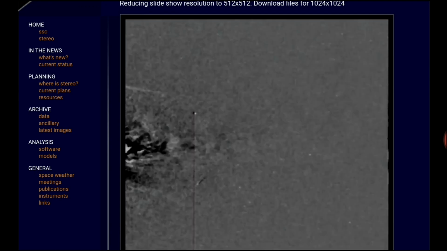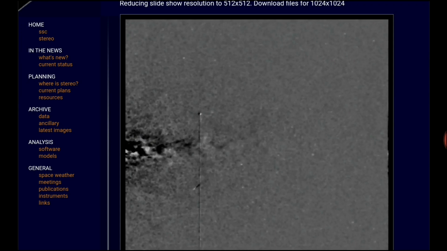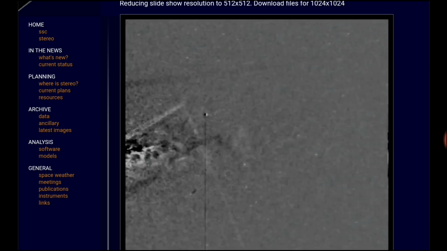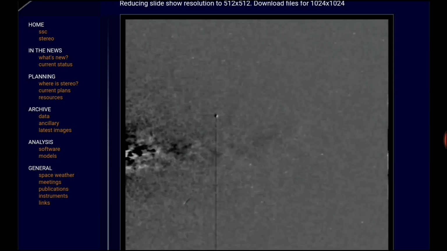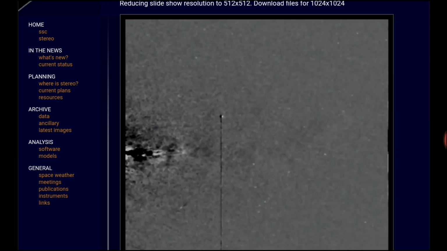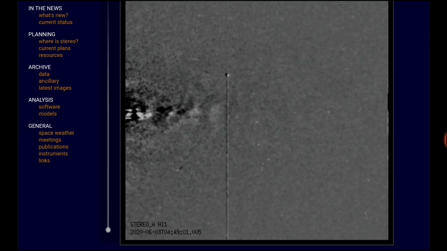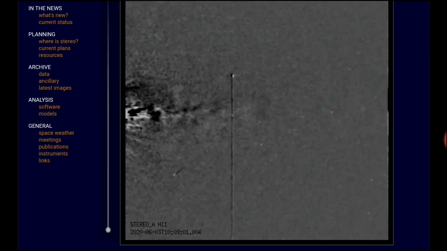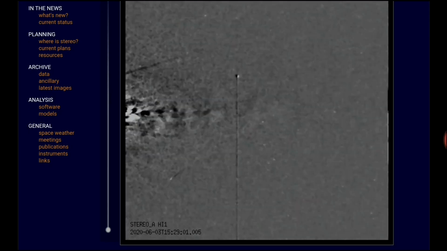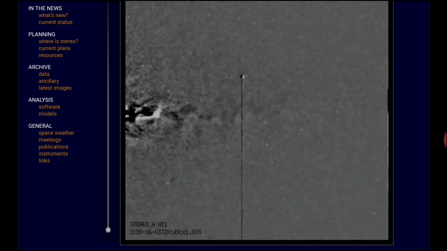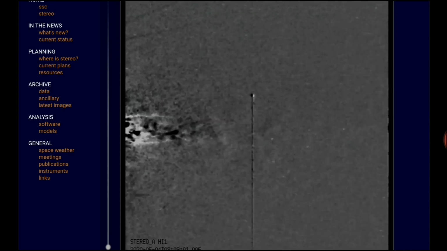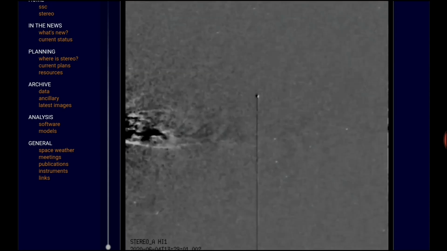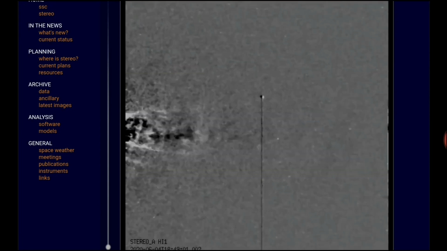Stereo B is still out there. They say it doesn't give us any usable data, but they still plot its position and all that, so it makes you wonder. Scott and a lot of other people were catching a lot of stuff on that satellite for a very long time. The story behind that is crazy in itself, so we won't touch that right now.